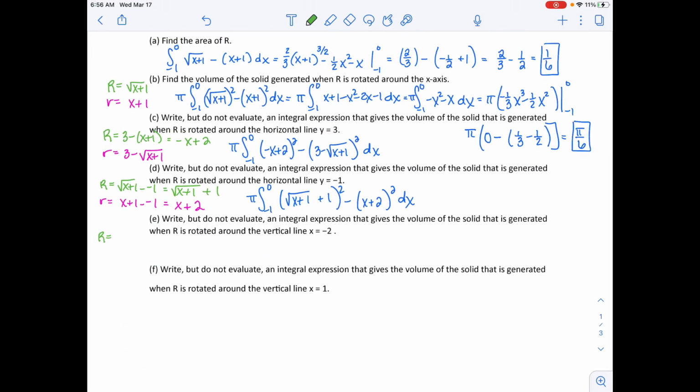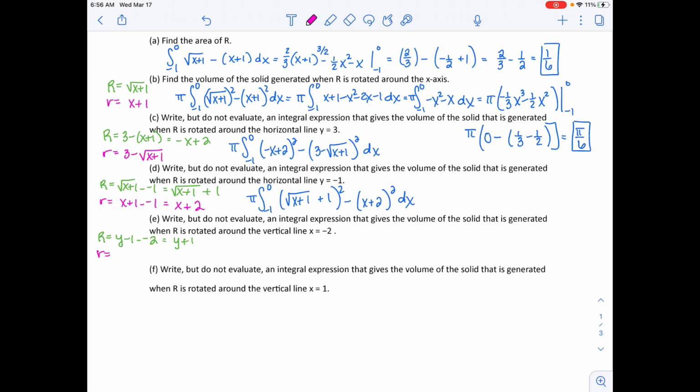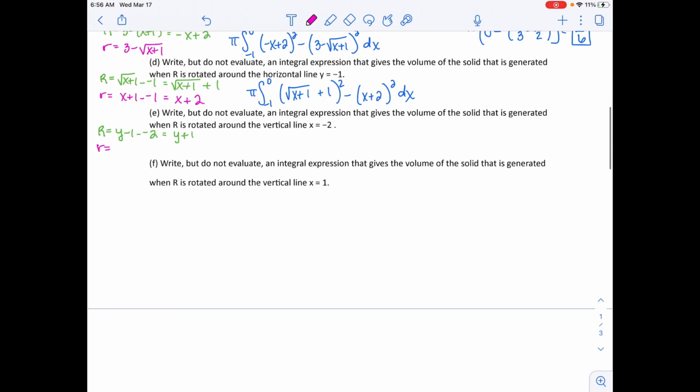So big R, the line is y minus 1 minus negative 2, or y plus 1. And little r is the curve minus negative 2. So y squared minus 1 minus negative 2, or y squared plus 1.